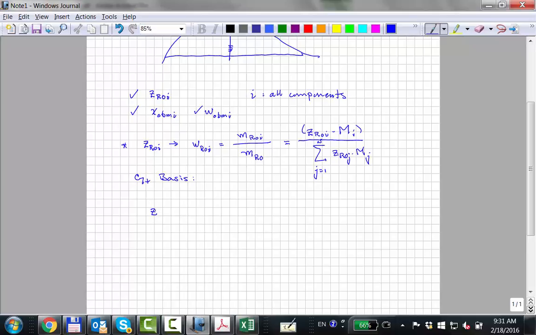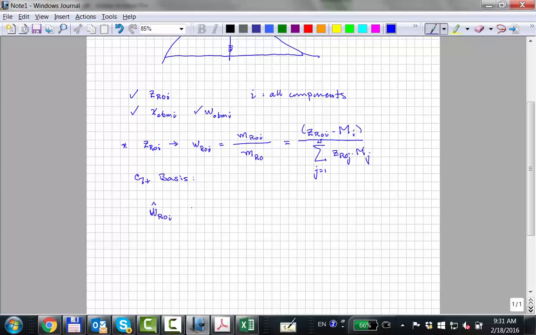I'm going to call this, we don't need mole fractions here, but weight fractions, weight fractions with a hat.